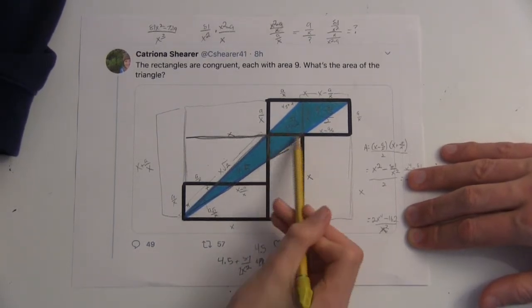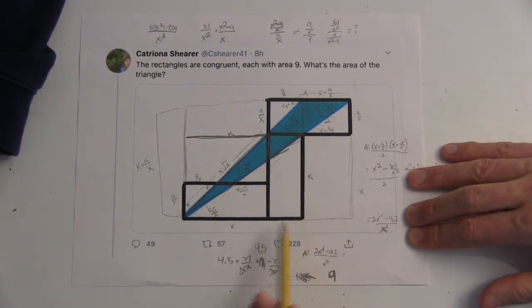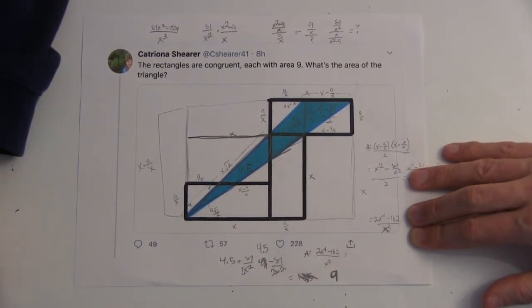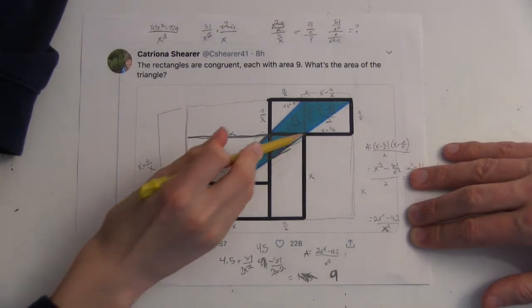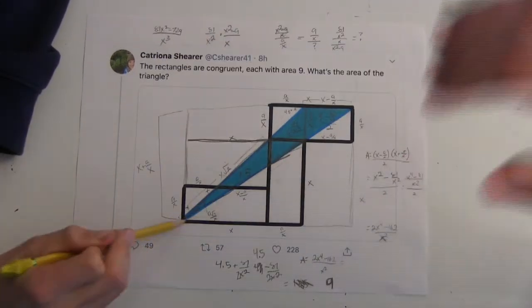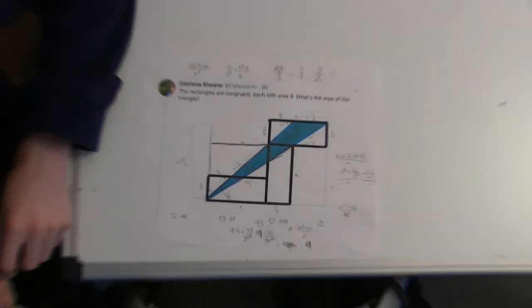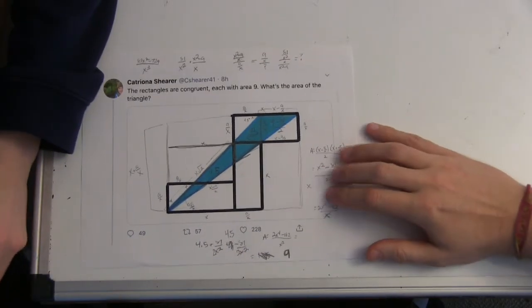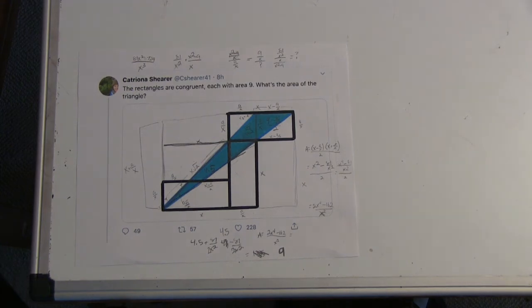Since this is 9 over x for the base and x for the height, you get 9 over 2, which is 4.5 as the area of this part here. I'm going to zoom out a little bit and write these down.